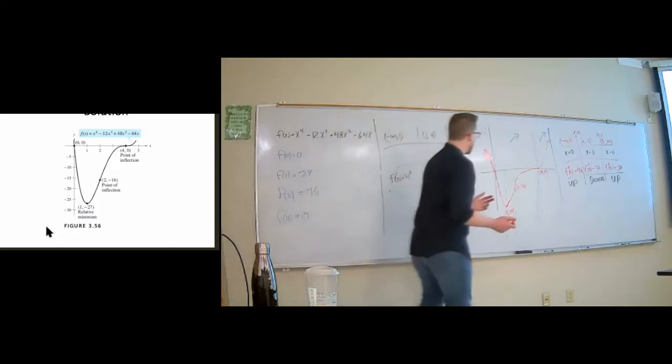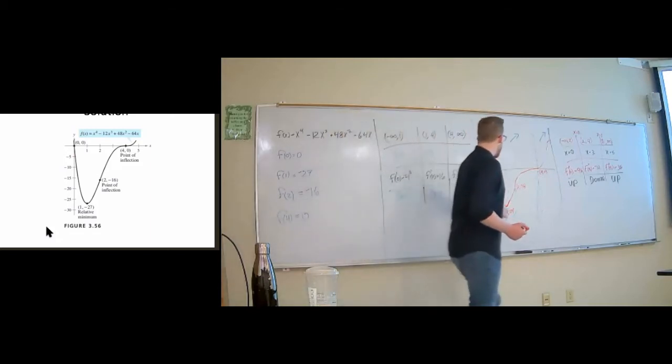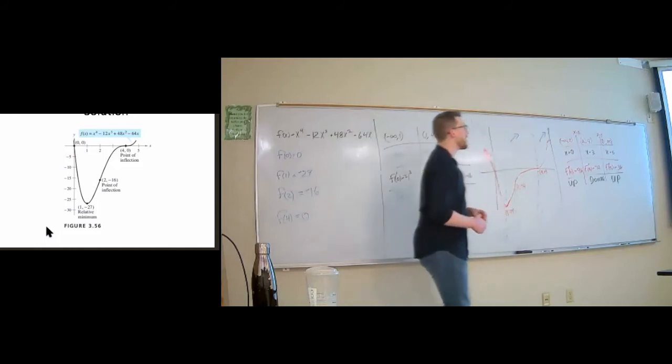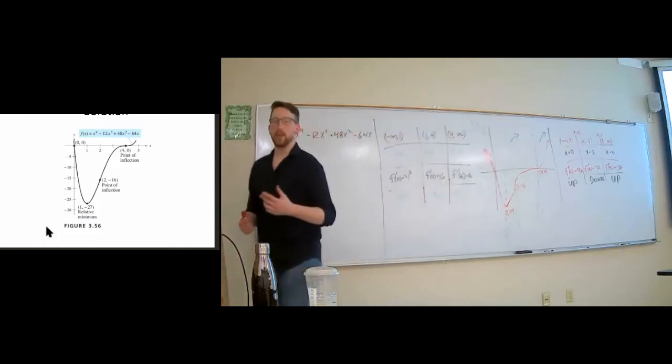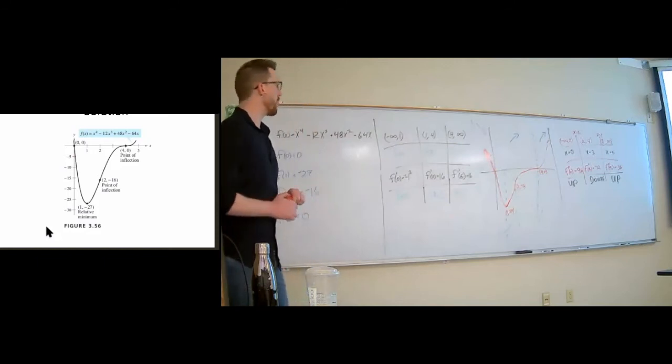Now, by looking at just those 4 points, we can kind of piece together what this graph already looked like, just from the little bit we know about polynomials.